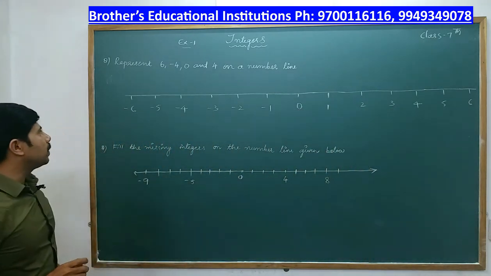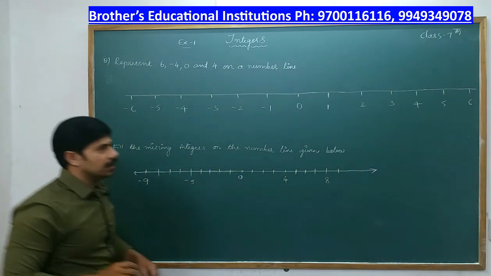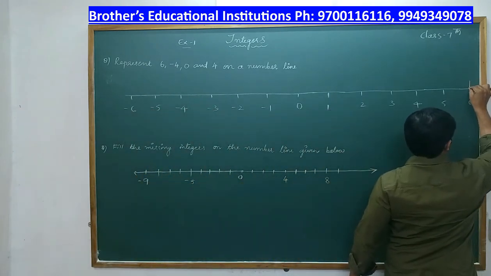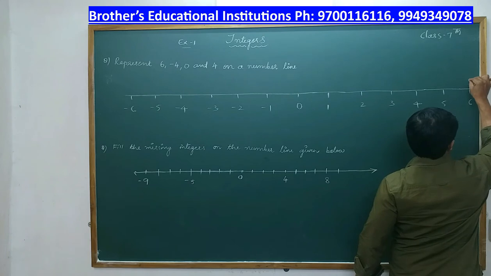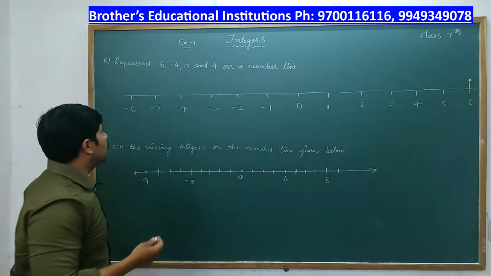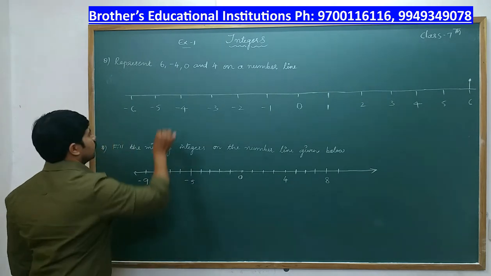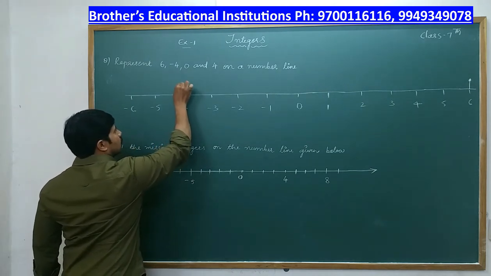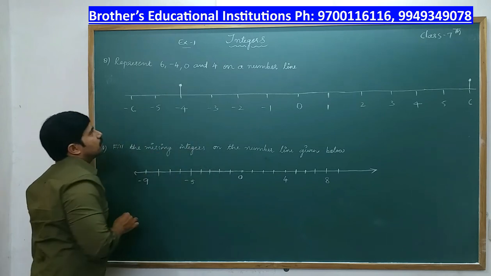Now we have to represent minus 6 on a number line. So just mark it. So I am locating minus 6 on a number line. After that, minus 4, so negative side. Just mark minus 4. Okay, this is minus 4.